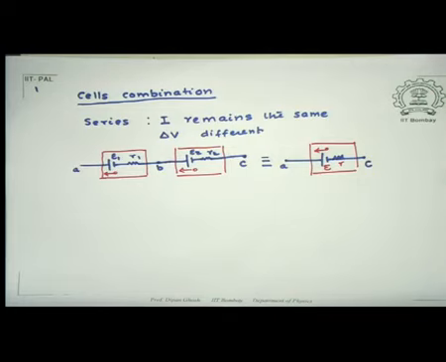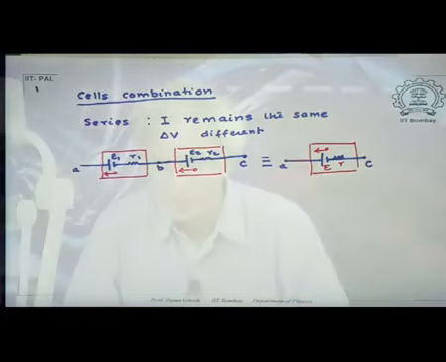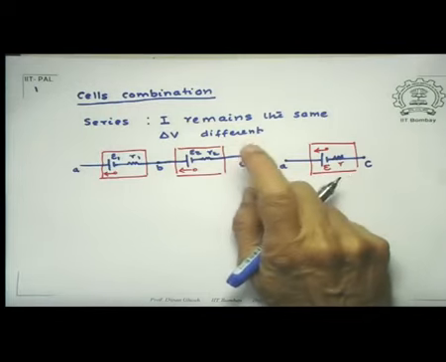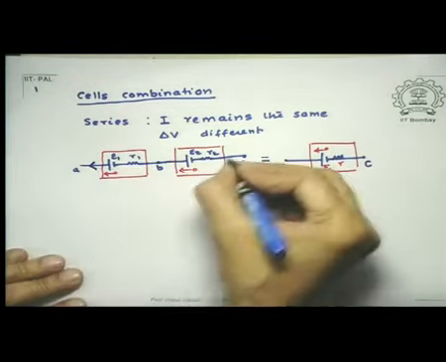So what we said is the principle is the same as we do in case of resistances, that is, start from any point. Let us suppose I start from the point C and go in the direction of current, supposing this is the direction of current.